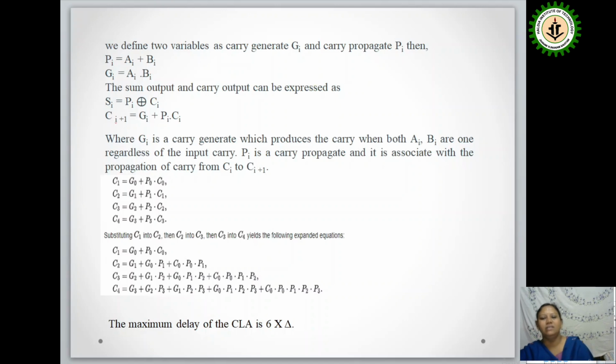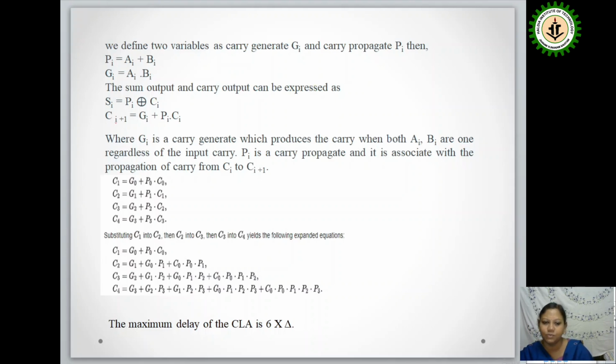Okay, so here is some description about how to generate the carry. Suppose i value is 0, so for 0 plus 1, I plus 1 means 0 plus 1, that is the C1 position.